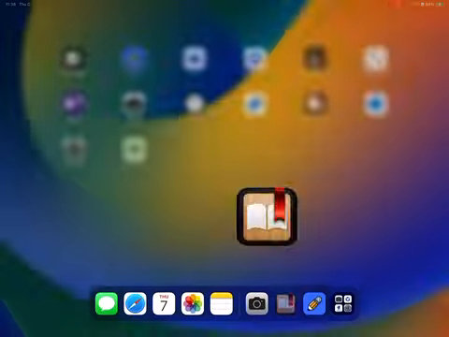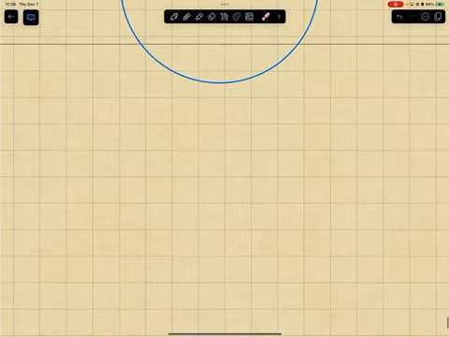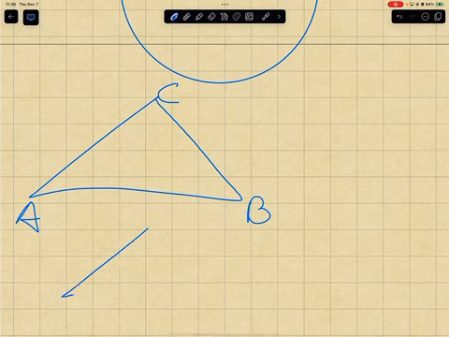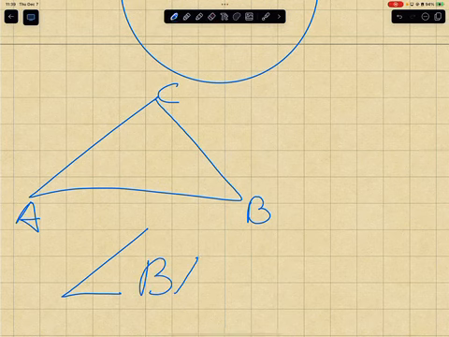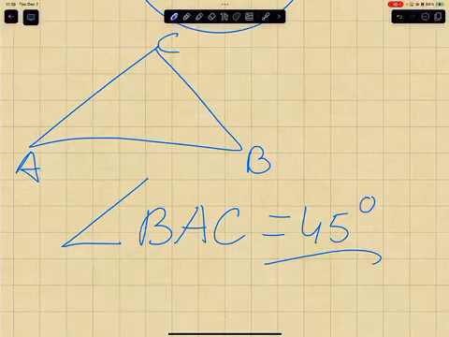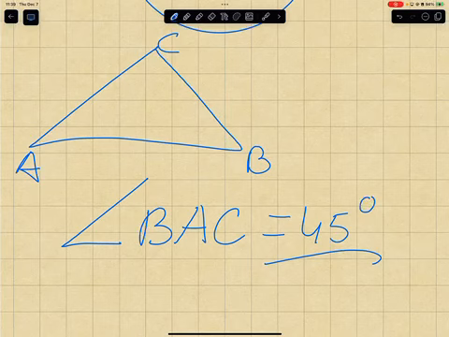To illustrate what I mean, if something like this is written, you know in advance the angle of A is 45 degrees.